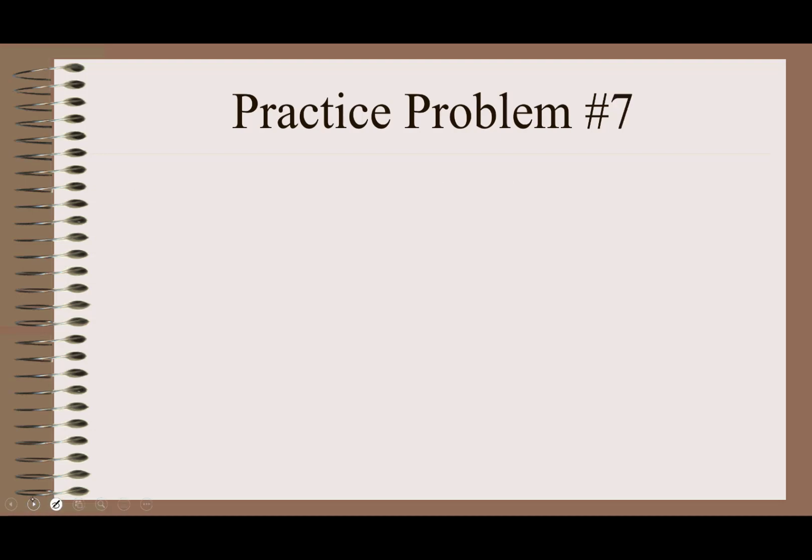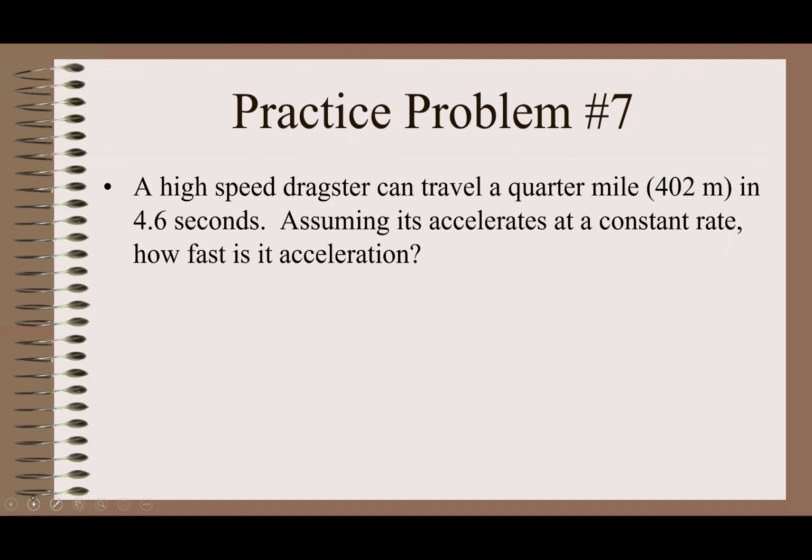And one final one here. All right, a high-speed dragster can travel a 1/4 mile, so that is a displacement of 402 meters in a time of 4.6 seconds, assuming the acceleration is constant. So I'm going to solve for acceleration. And let's see here. Using our equations, that one is going to be 2 times the displacement over t squared.